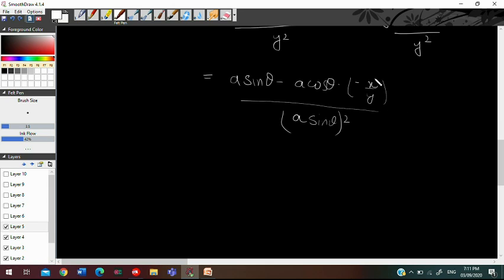This x by y is also converted into, here we have minus x by y. X by y you convert it again. Minus x is equal to a cos theta, and y is equal to a sine theta. So actually here we have cotangent theta.